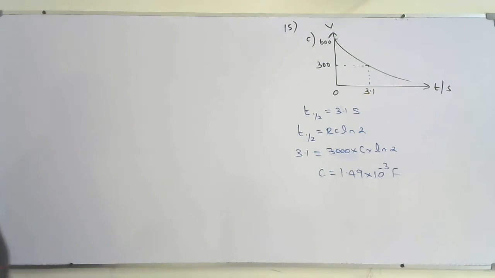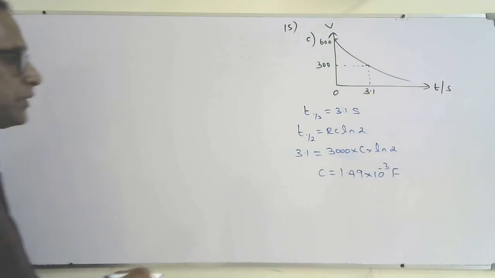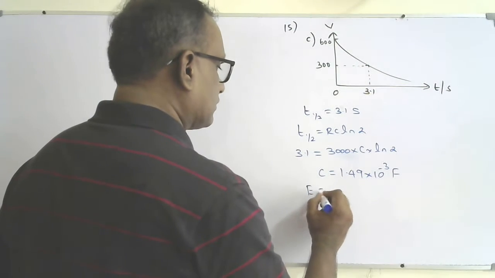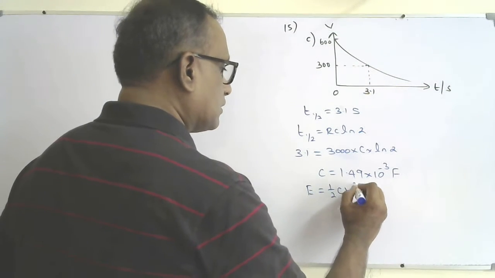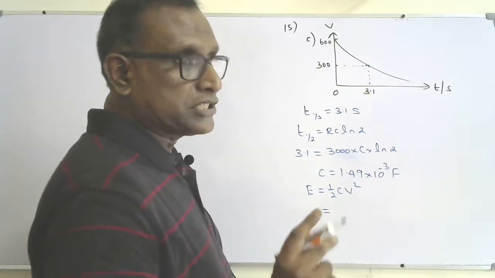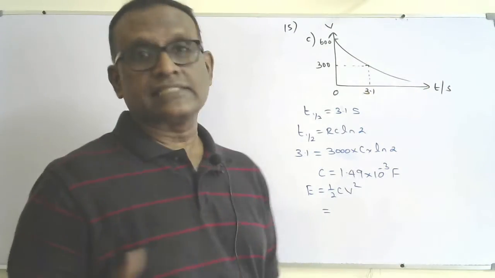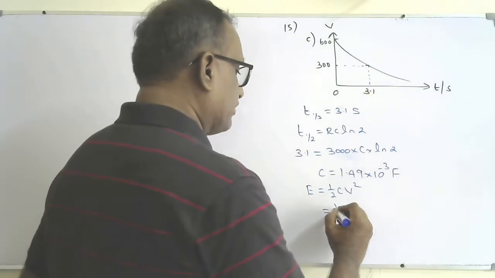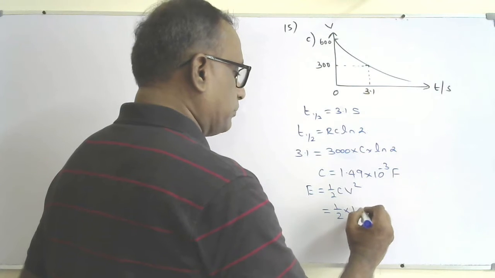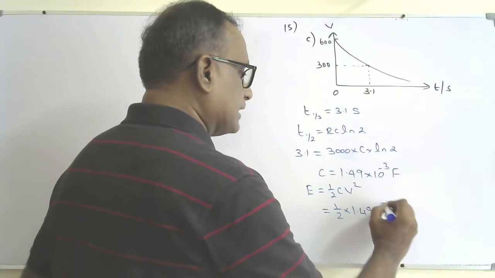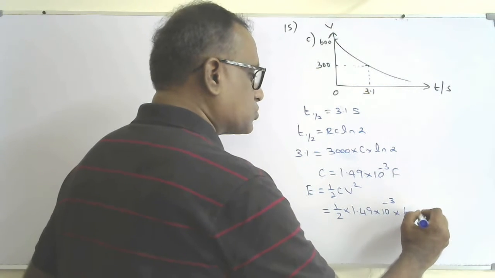Okay, so I need to find the energy stored in the capacitor, that is given by half CV squared. The maximum energy will be stored when the voltage is the maximum, which is 600 volt. So half into capacitance 1.49 × 10^-3 into 600 squared.